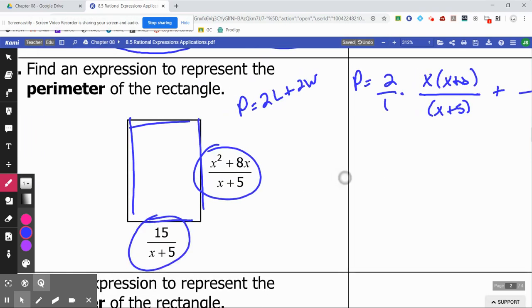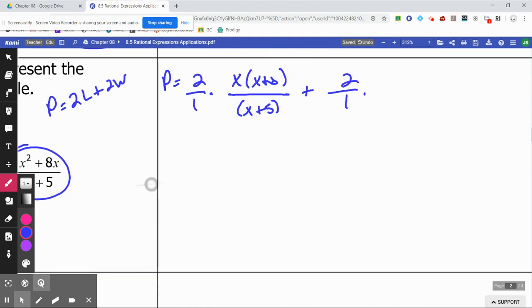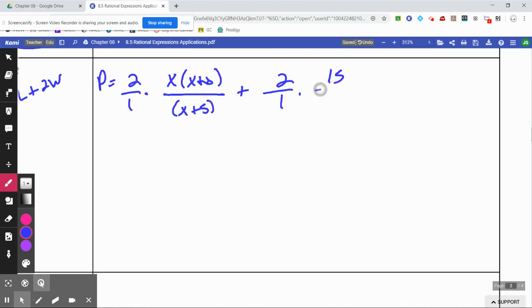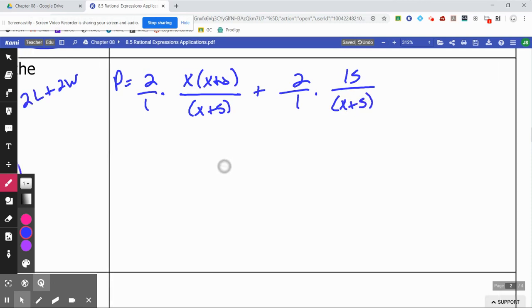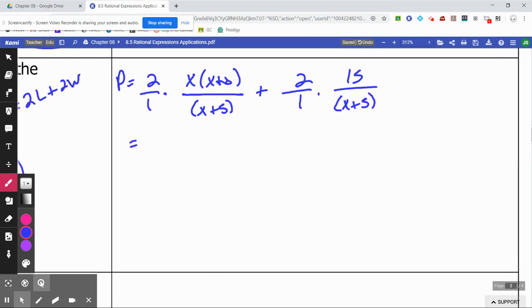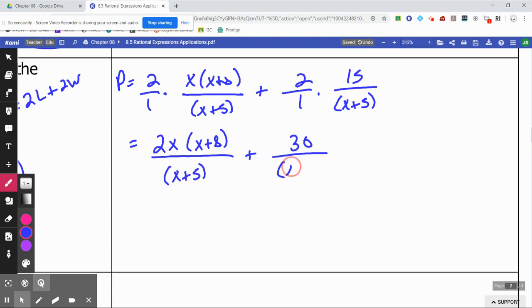And that's not going to factor, so we'll leave it as 15 over x plus 5. There we go. So when we multiply by the 2's, I now have a 2x times x plus 8 over x plus 5. And on top over here, I have 2 times 15, which is a 30 over x plus 5.